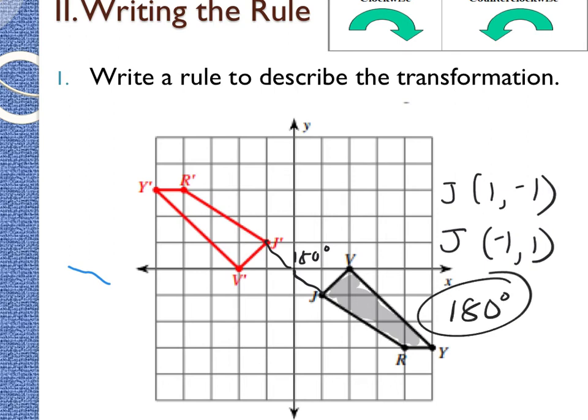Clockwise, counterclockwise, it doesn't matter. 180 degrees is 180 degrees in either direction. Because J went from the first quadrant to the third quadrant. So that crossed 2, so 90, 90, so that put me at 180. Remember, we just keep the order the same and we change the signs.